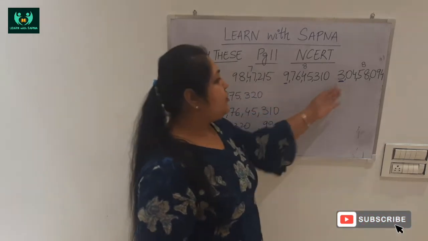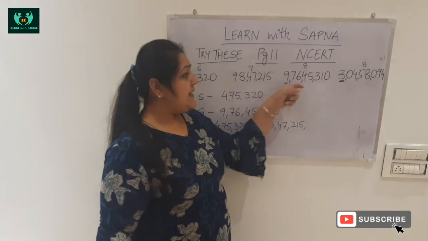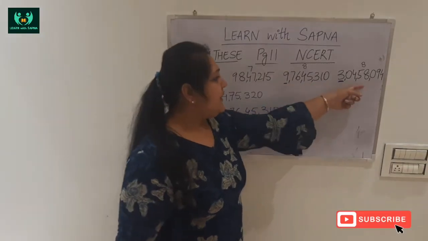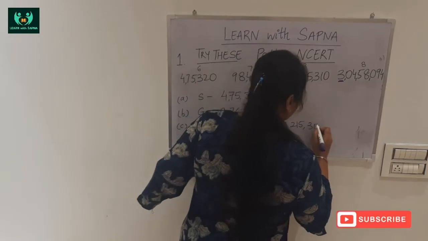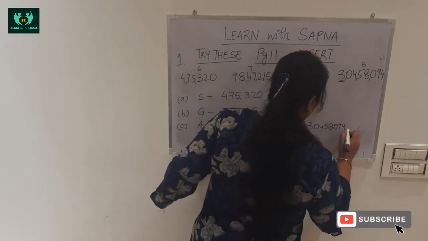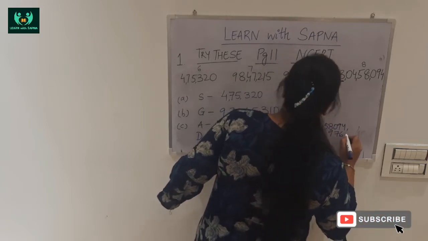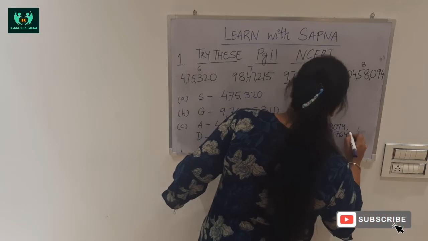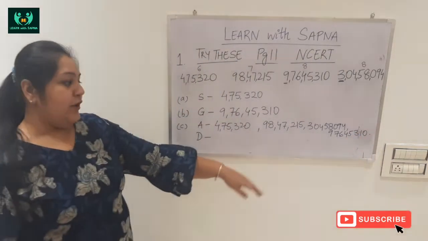Then out of these two, this number is bigger than this because 9 is bigger than 3. So this will come next and then the highest number. So 3 crore 4,58,094, and then 9 crore 76 lakh 45,310. This becomes our ascending order.